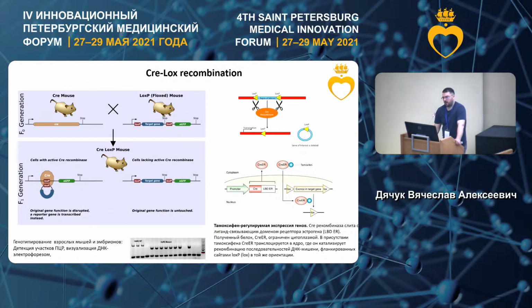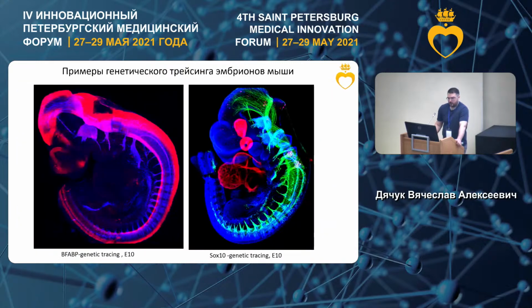On this slide, you can see how Cre recombinase cuts the LoxP sites out, and thus a mutant mouse is obtained.